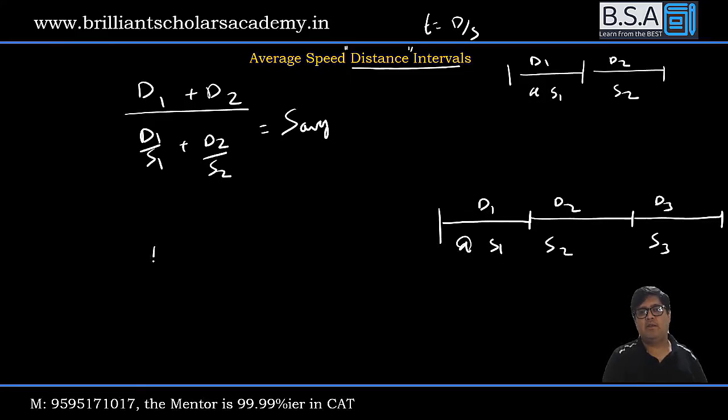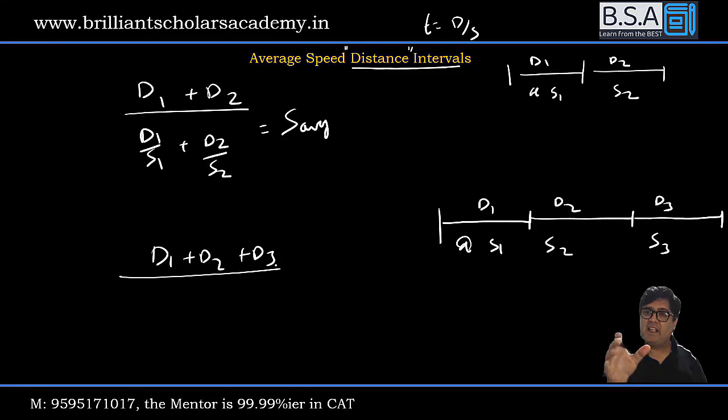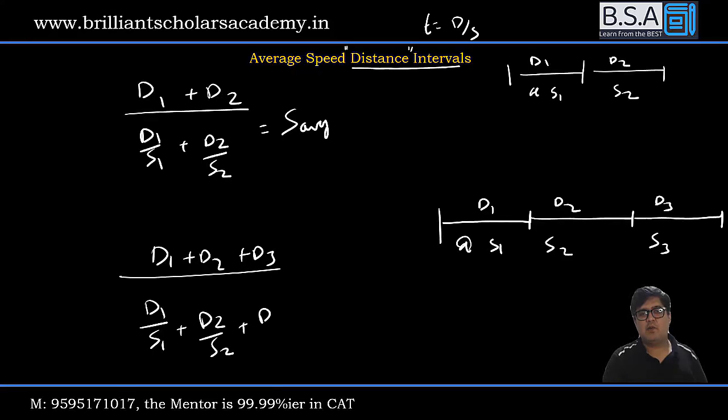In this case, d1, d2, d3, and d1 by s1, d2 by s2, d3 by s3. That is the speed average. I can show you questions in CAT 2017, 18, 19 applying these concepts.